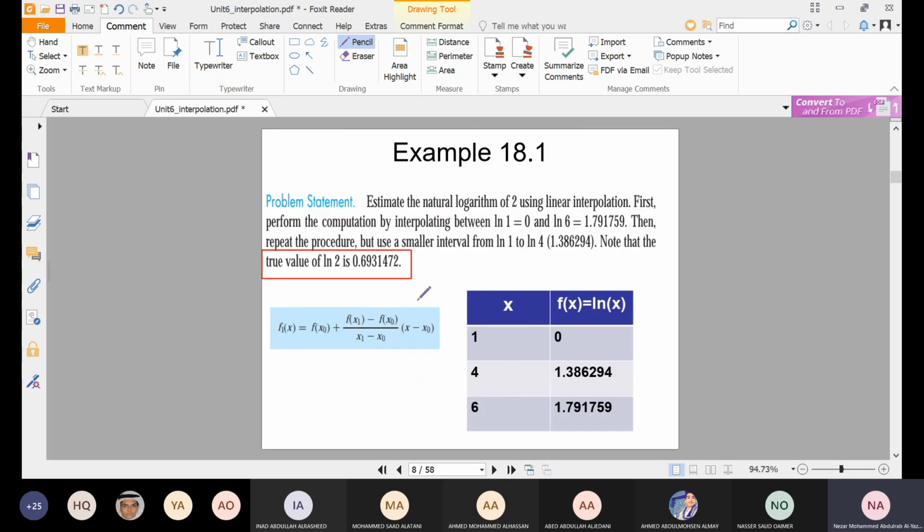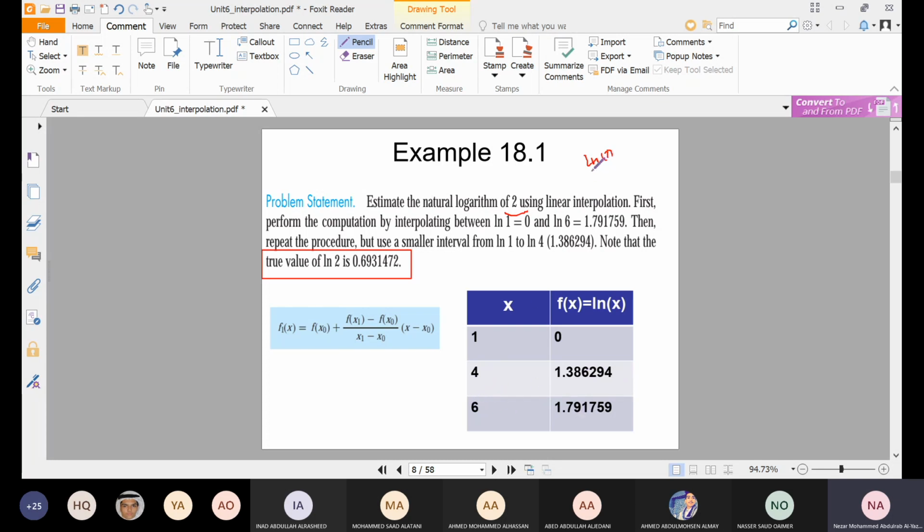Here is another example, from the textbook. Example 18.1 is to estimate the value of ln 2. We have this data from the textbook: at x equal 1, ln of 1 is equal to 0. ln of 4 is equal to this value, and this is ln of 6.